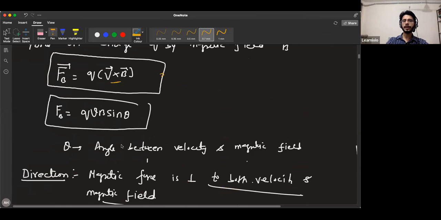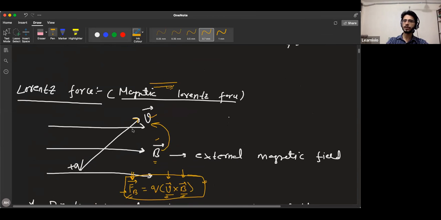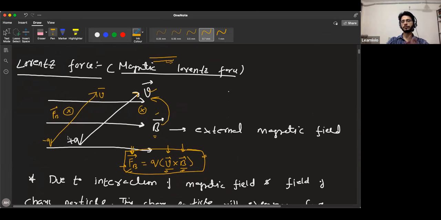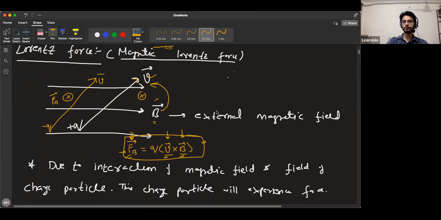So the direction that you are getting here is for a positively charged particle, inwards. But if you have a negatively charged particle, the direction that you get from the right-hand thumb rule, just reverse it. The right-hand thumb rule is saying that the force will be inwards. Just reverse it, the force will be out. Is it clear? For a negatively charged particle, the direction is exactly opposite to the one you obtained from the right-hand thumb rule.